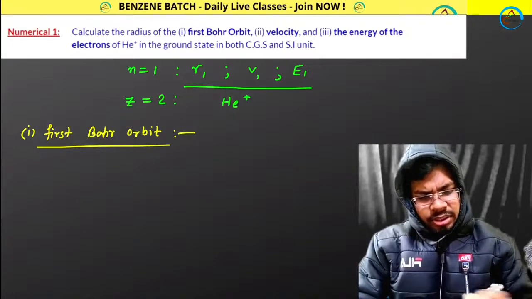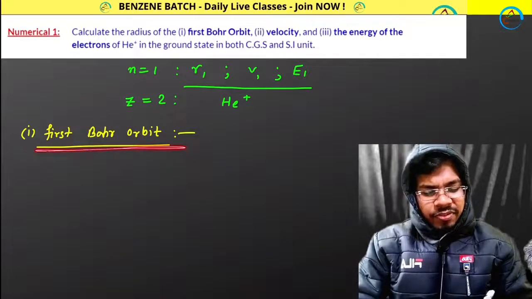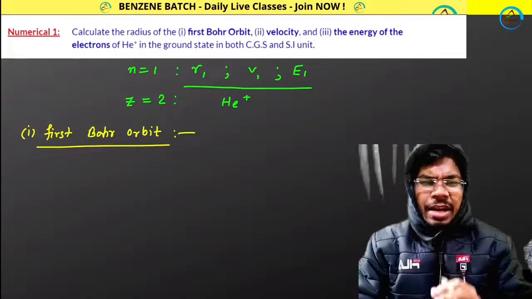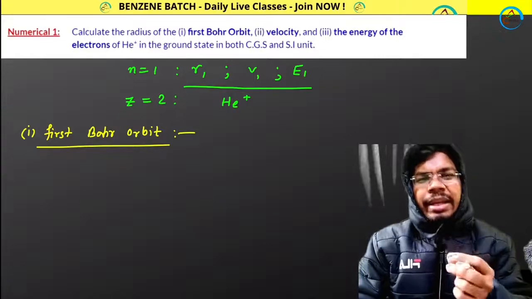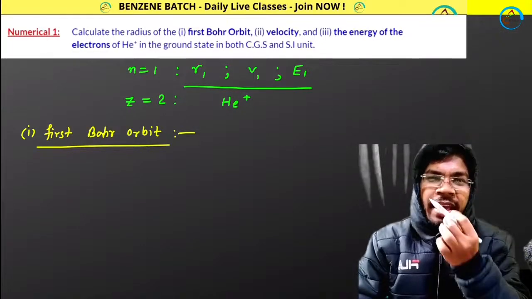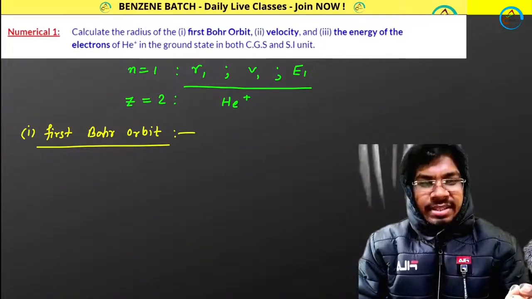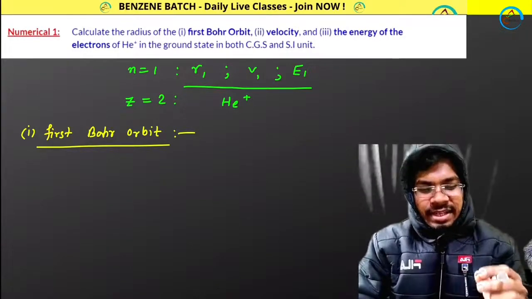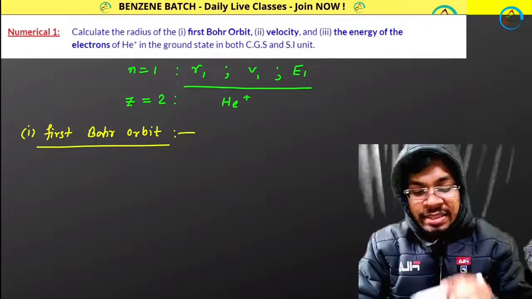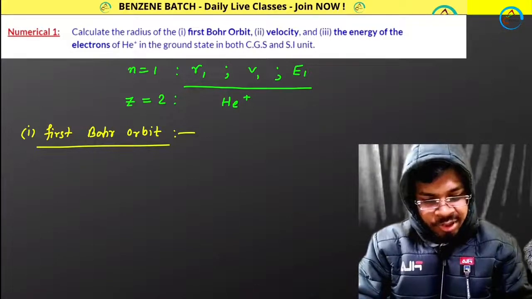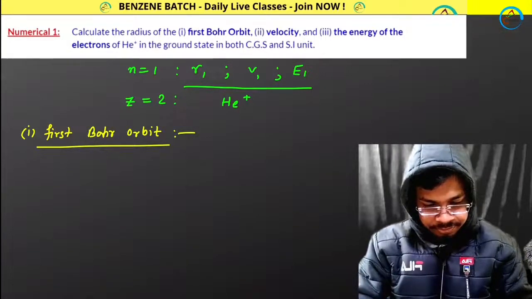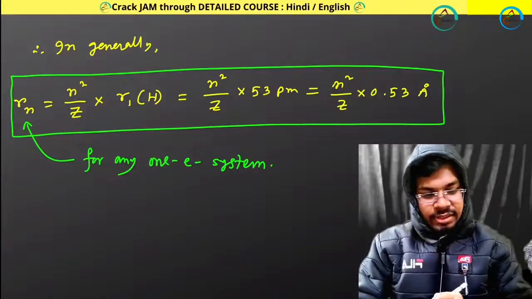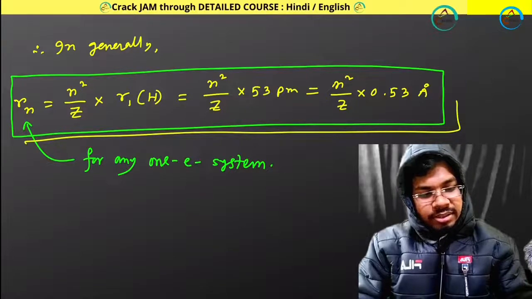Now if you want to calculate the first Bohr orbit, I told you one formula, and based upon that formula you can calculate the radius of any one electronic system. Let me show you that formula. Yes, this is the formula that I told you.